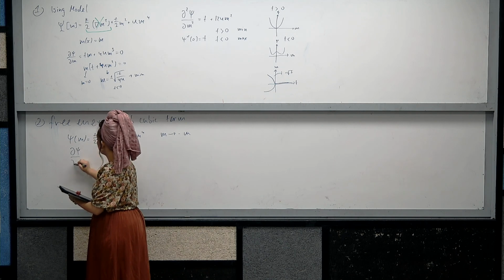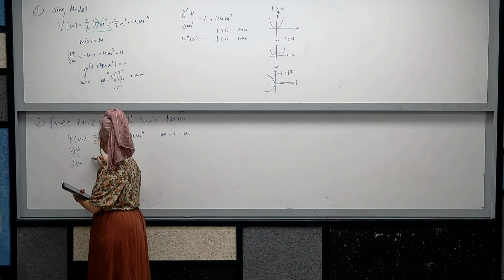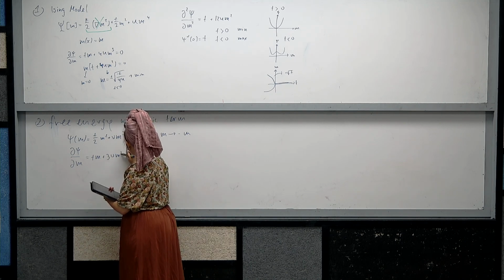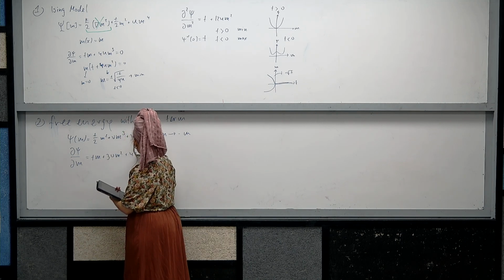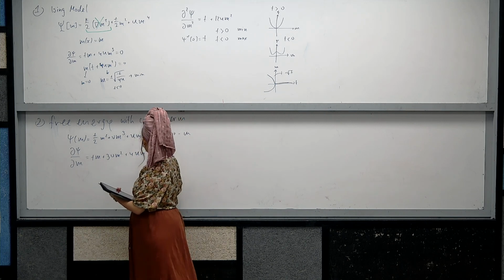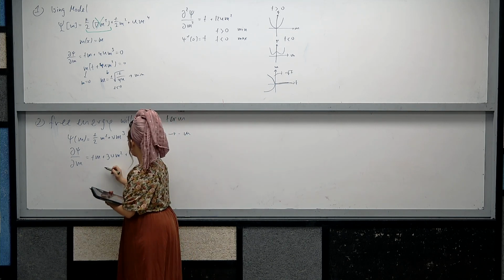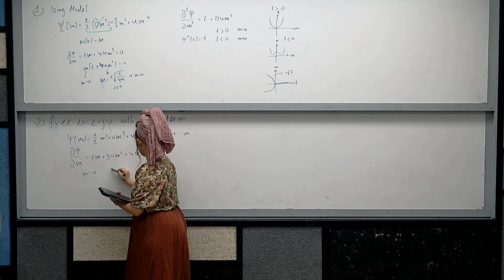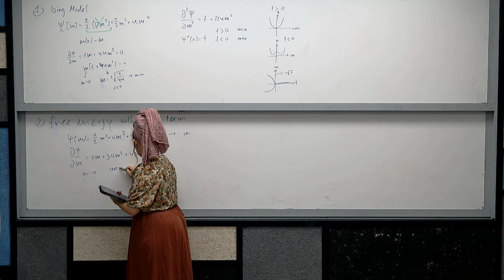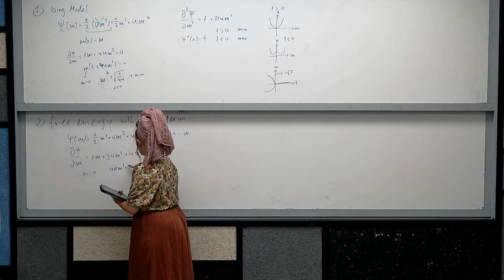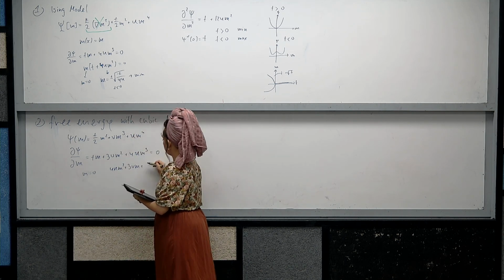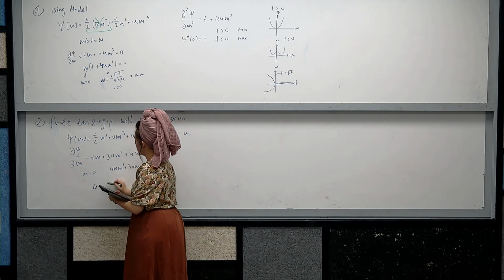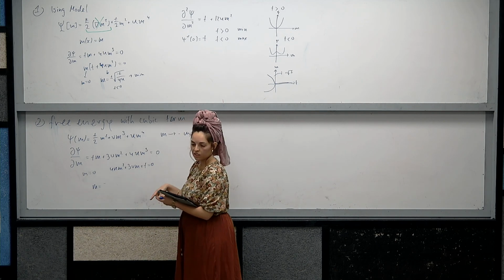So we find the minima. We have the solution m equals 0, and we have this equation. So we have 2 other solutions by the quadratic formula.